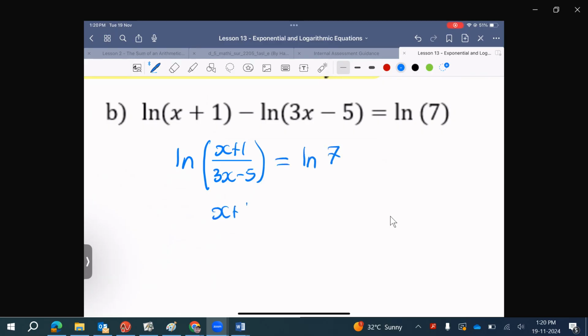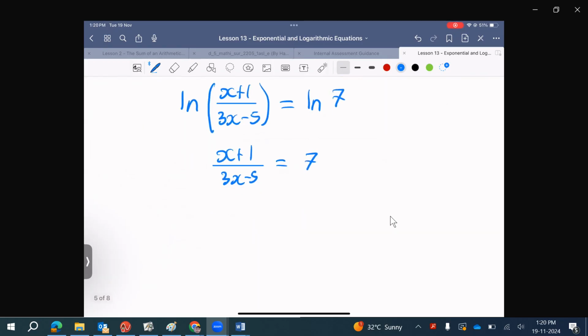So x plus 1 over 3x minus 5 equals 7. x plus 1 equals 21x minus 35. That's 36 and 20x. So x is equal to 9 over 5. Now that's equal to 1.8.